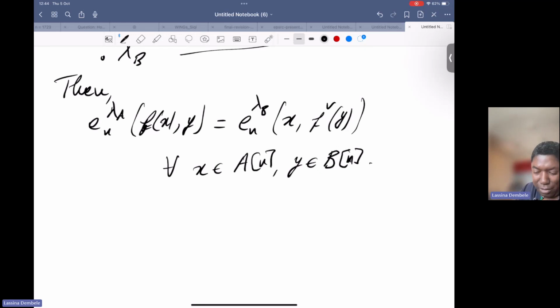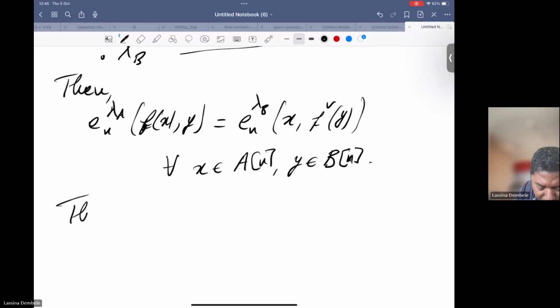Another property that I'm going to state in this lecture is the following. If you notice the construction we did, the pairings e_{l^n} lambda are compatible with inverse limit.